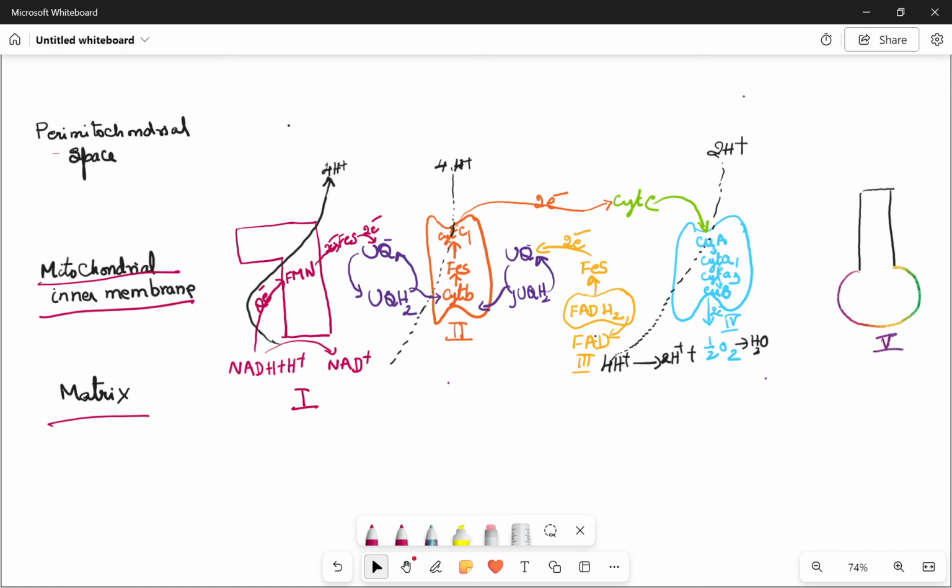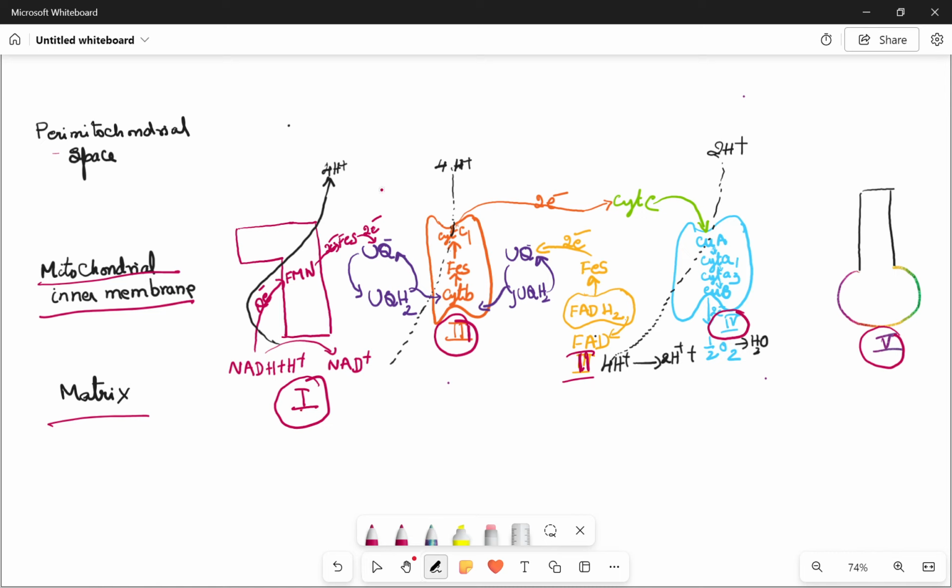Okay. Now in the matrix, we are seeing this for one NADH2. For NADH2 only. Listen carefully, not the FADH2. For NADH2 oxidation, the first complex is involved, the third complex is involved, the fourth complex is involved, and for ATP synthesis, the fifth complex is also involved.